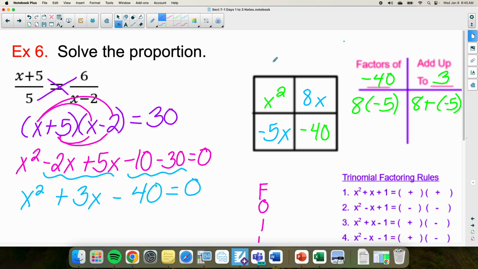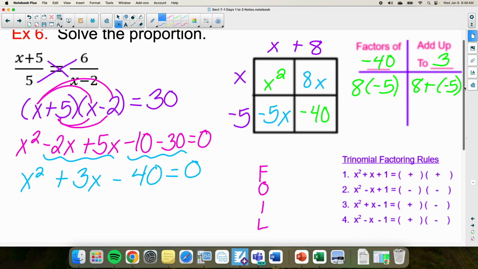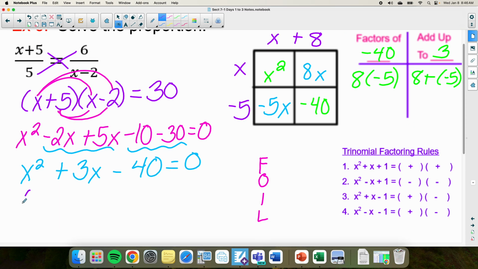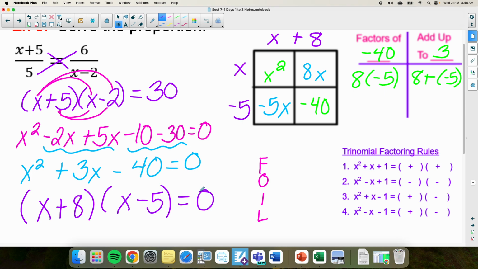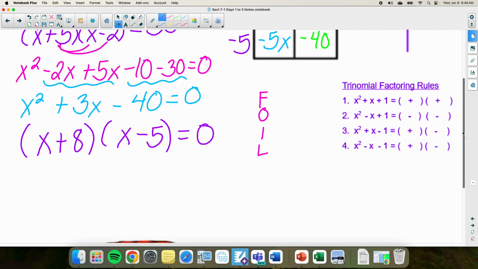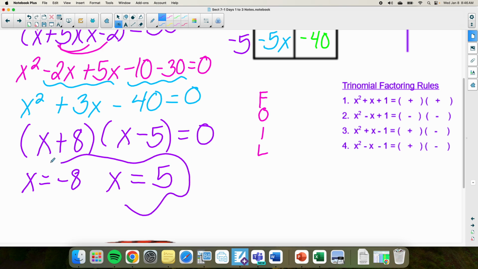And then for x squared, we put x times x. This would be an 8, this would be a negative 5. We'd have a plus there. So one of them would be x plus 8. One would be x minus 5. And then for your answers, here x would be a negative 8 and x would be a positive 5.